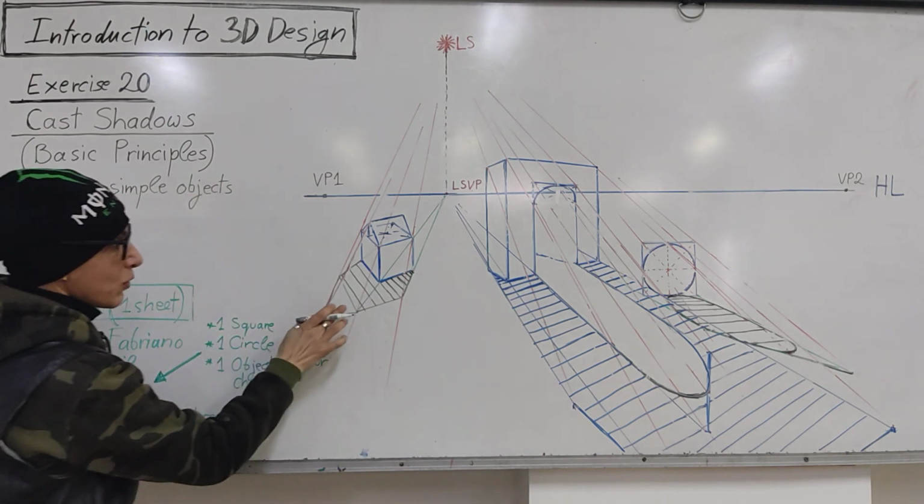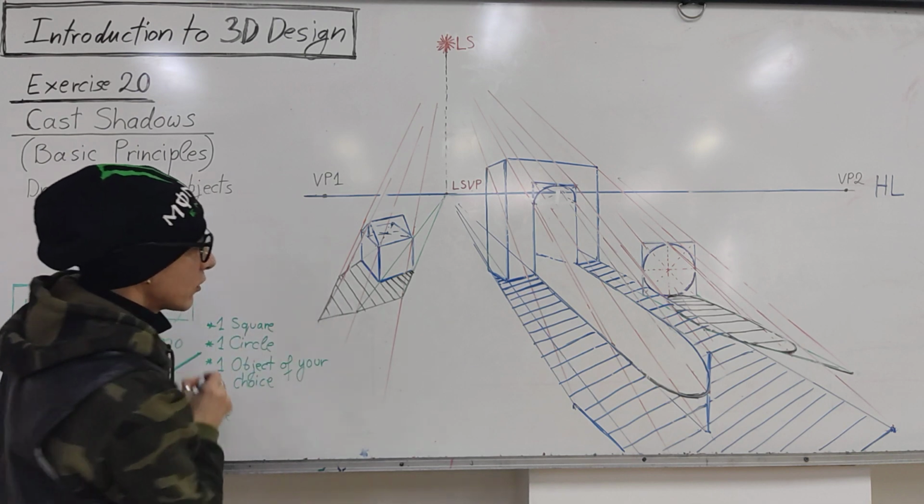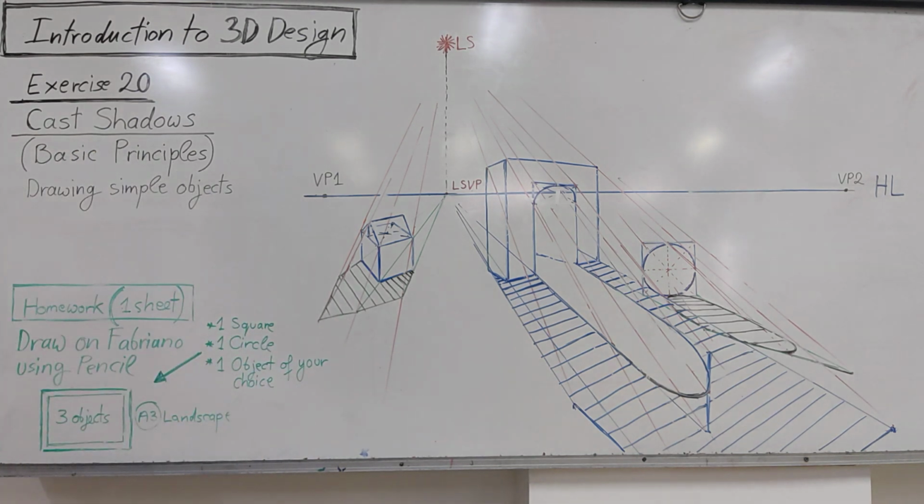Now, since we have something like that, we need to also continue the shadow area to complete the object.